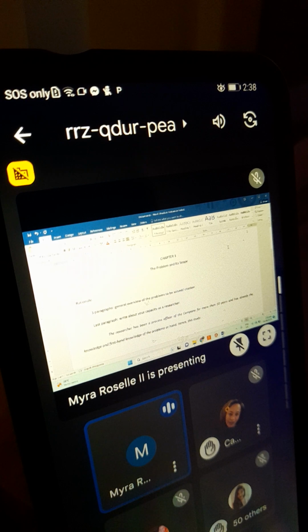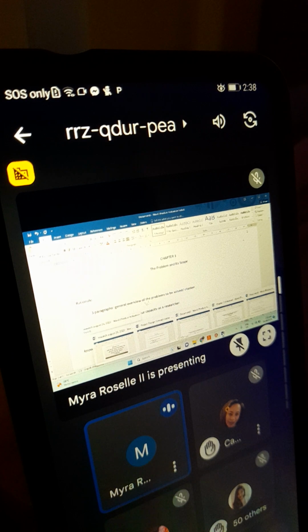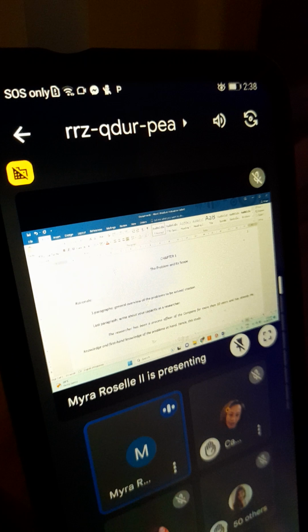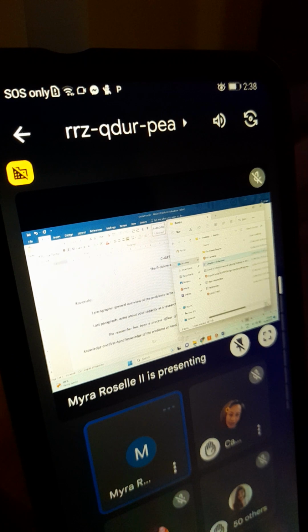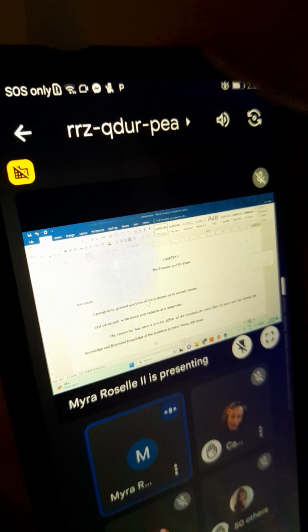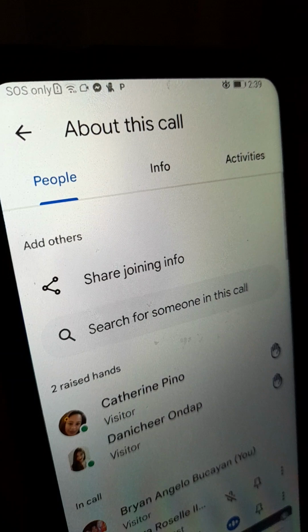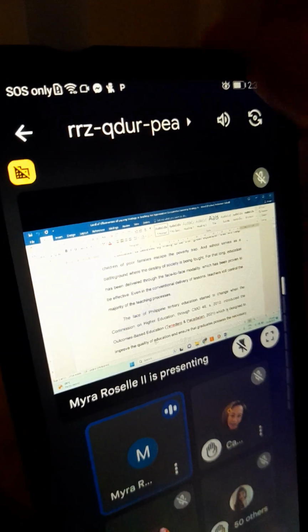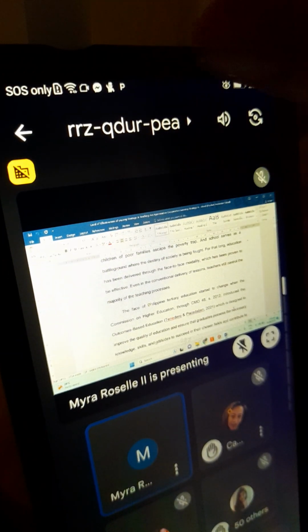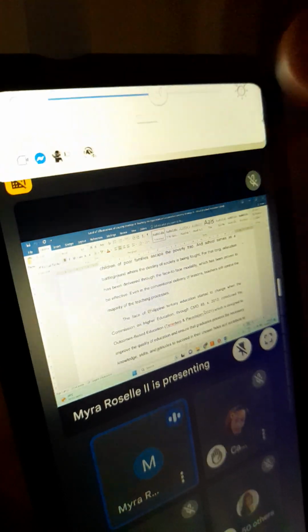Okay, last paragraph. Let me show you an example of chapter 1. Okay, this is just an example. In the rationale, you have here an example of citation.